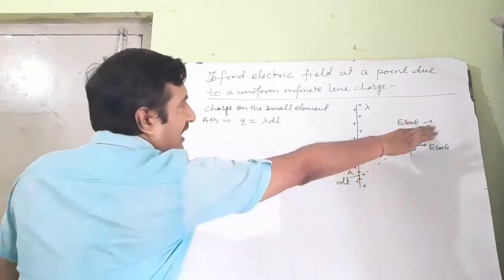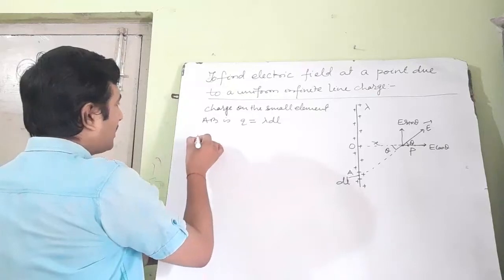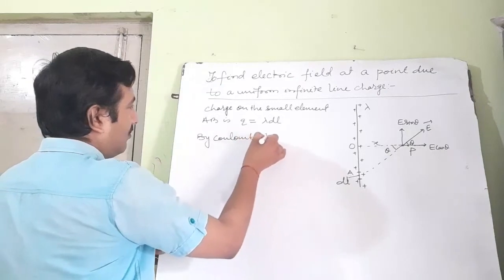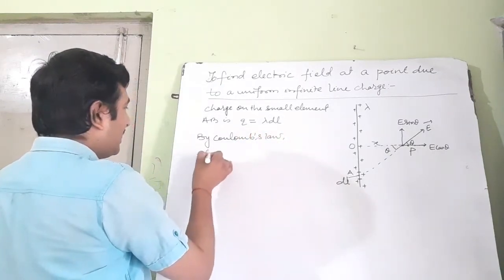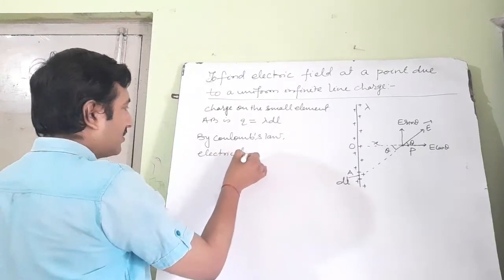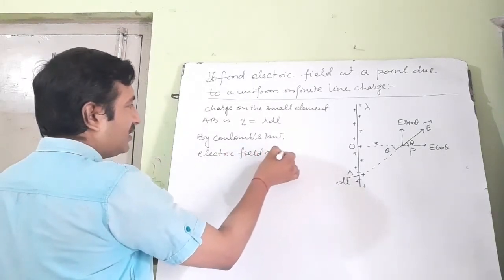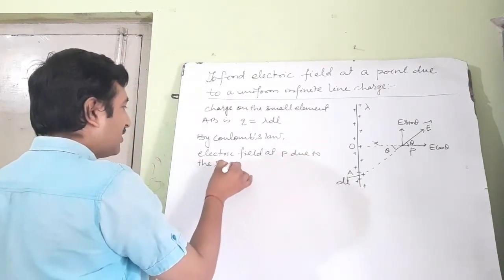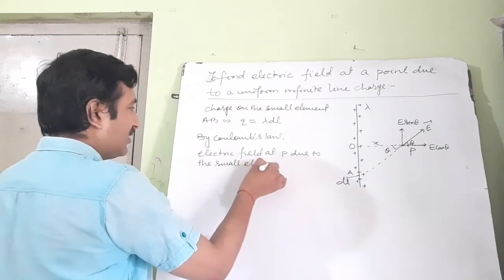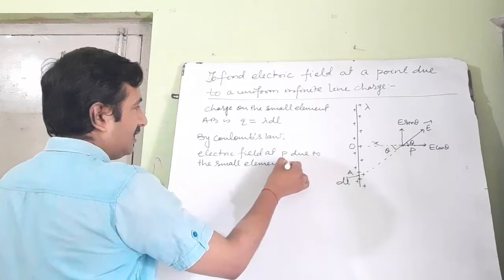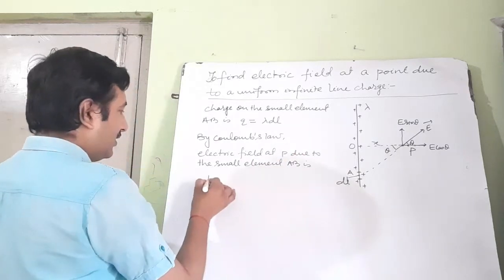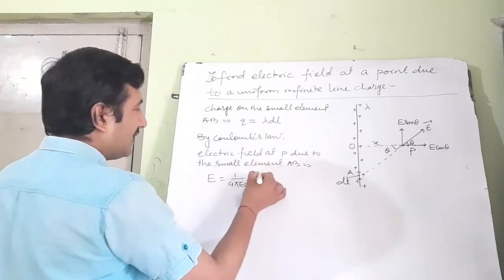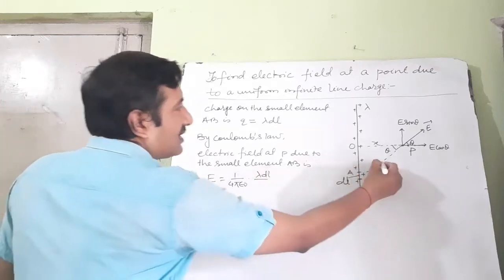Now let us find the expression for E. By Coulomb's law, the electric field at P due to the small element AB is E equal to 1 by 4 pi epsilon naught, Q means lambda dl, by r square, if this distance is r.